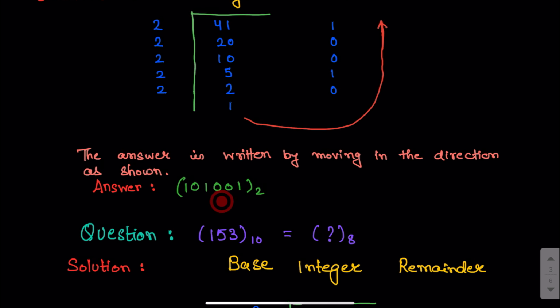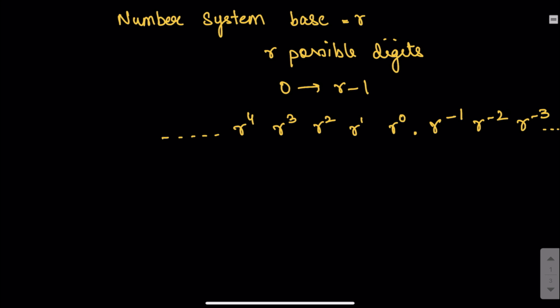And in fact, you can verify this also. So let me just show you this thing. The answer is 101001. So if I know that my answer is 101001, and let's say I convert it to decimal, then I know the positional weightages.